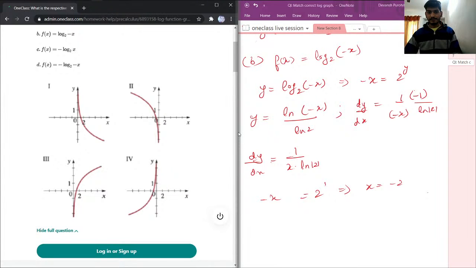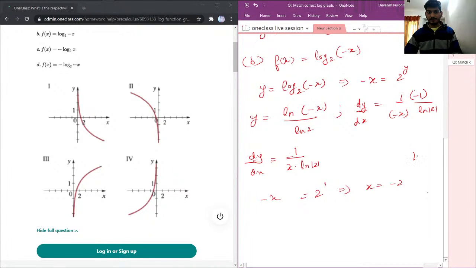For y equal to 1, I have negative 2. So for B, graph will be number 4. Positive slope, and for positive y I have negative x.